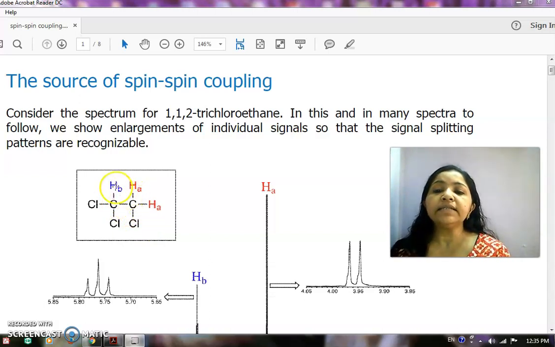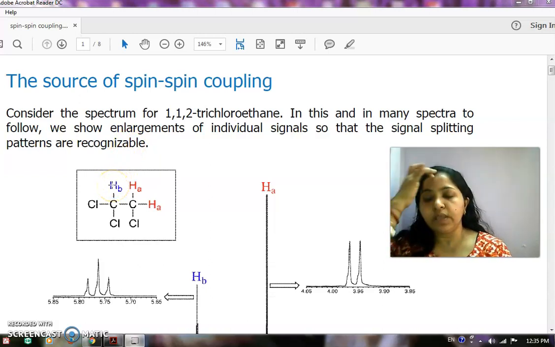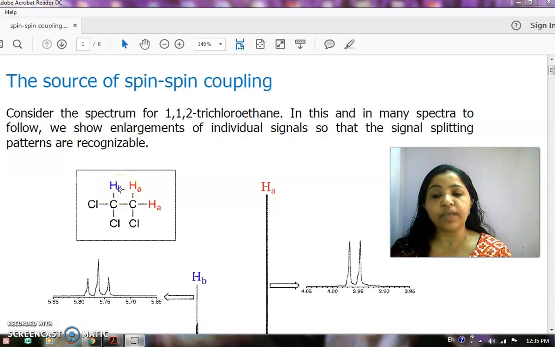But since these two are quite nearby, this nuclei will have an influence on the other two nuclei, and accordingly there will be a change or a kind of signal splitting. This H will have two types of options.